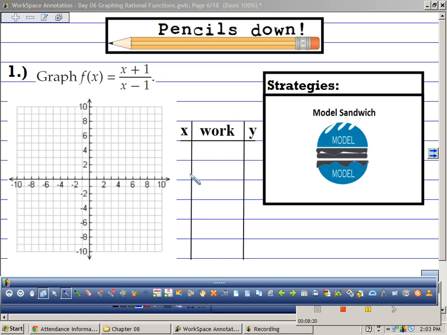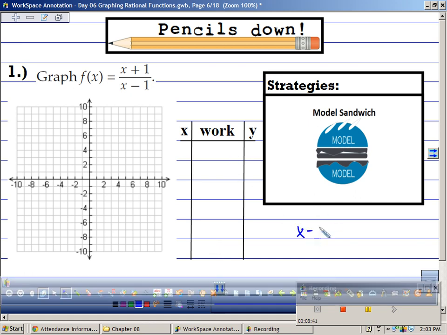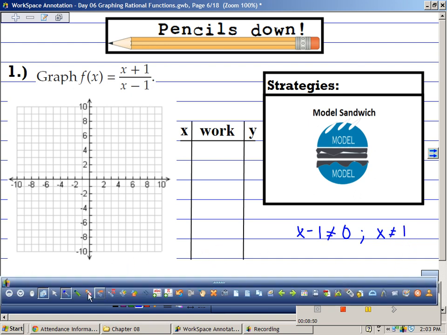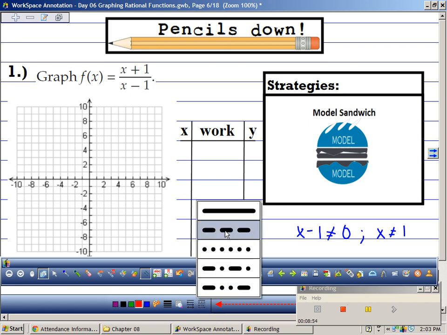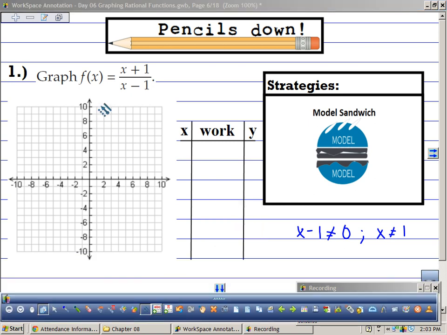All right, so there's nothing to factor, right? So our next step is to consider our limitations on our domain. So x minus 1 cannot be 0. Therefore, x cannot be what? Positive 1. And that is where we start talking about our asymptote.